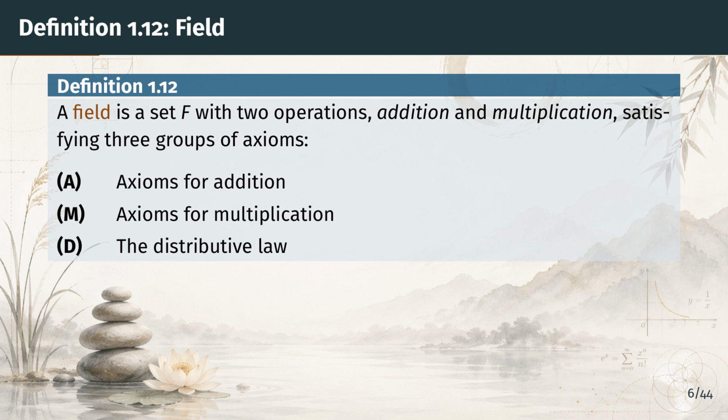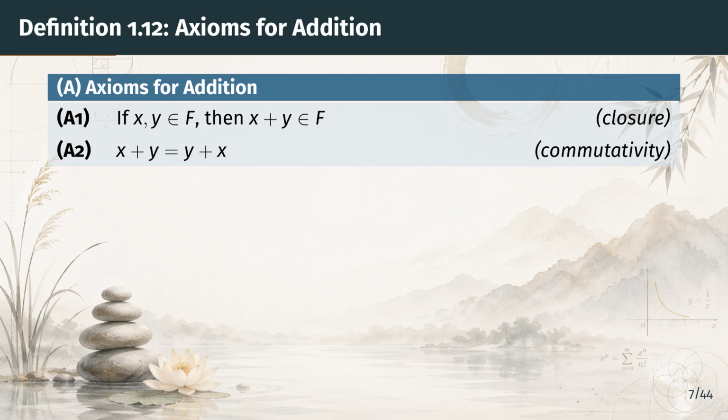Let's look at each group in turn. The first two addition axioms are closure and commutativity. Closure says that adding two elements of the field always gives another element of the field. Commutativity says the order of addition does not matter. These are familiar properties from ordinary arithmetic.